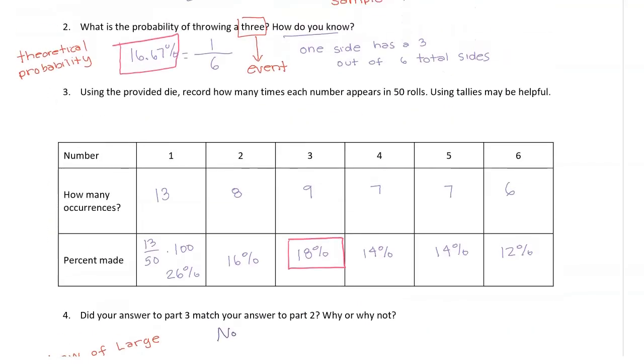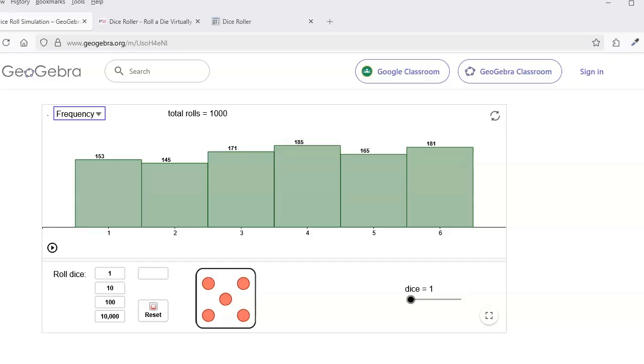If we were to keep rolling our die many times, this 18% would get closer and closer to the 16.67%.